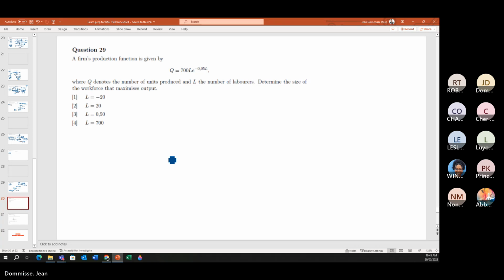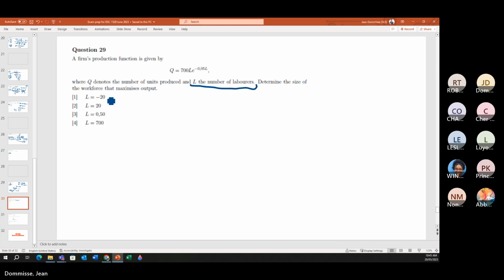Perhaps we want to find the derivative of the function. Okay, cool. So that we will do. First, let's just cancel out a few things. Q denotes the number of units produced and L the number of laborers. Okay, so let's look at that one.